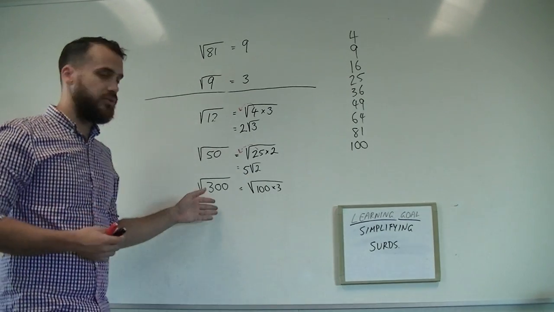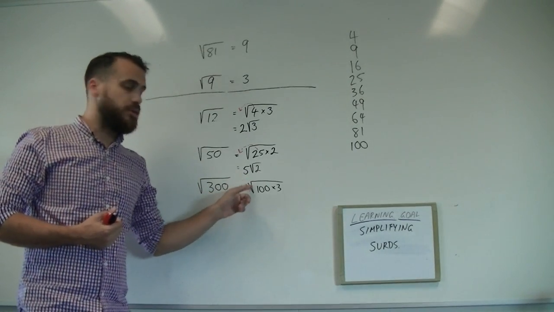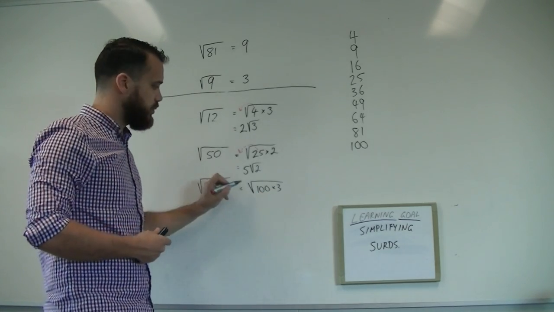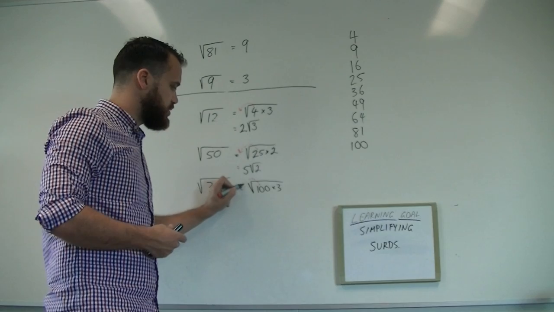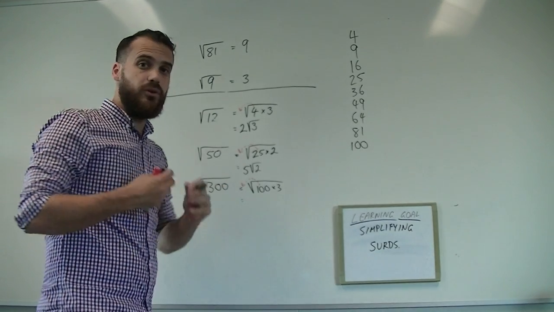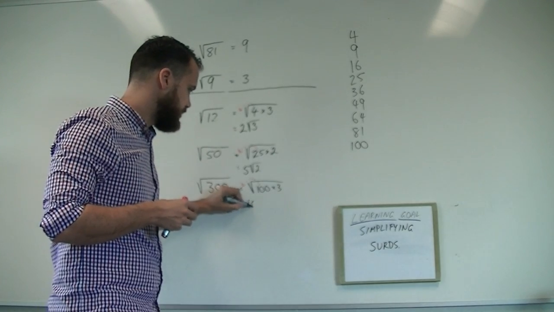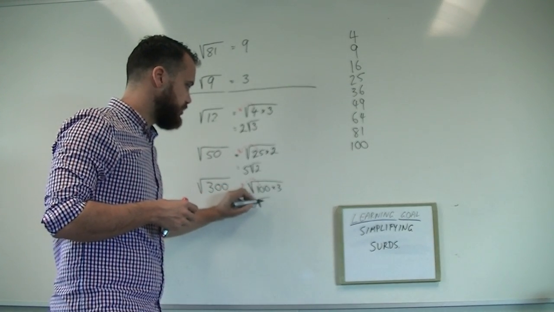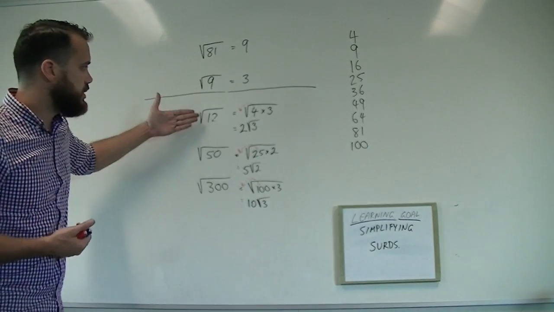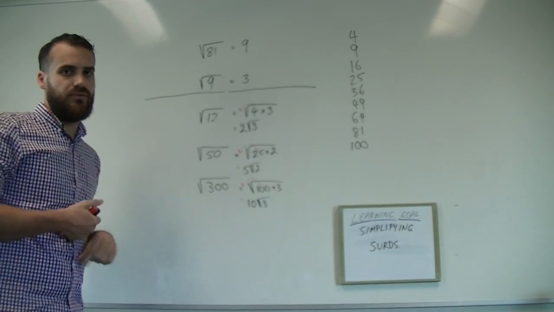So the square root of 300 is the same as the square root of 100 times 3. Now we can take 100 and move it outside of the square root. Now the square root of 100 is 10. Root, and what's left over? 3. Okay, so there's 3 examples of where we've simplified surds.